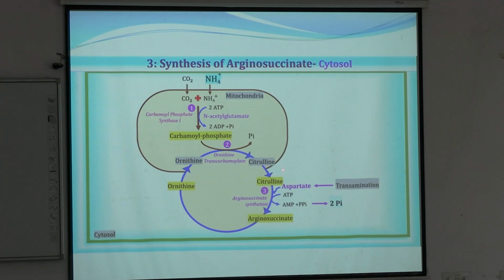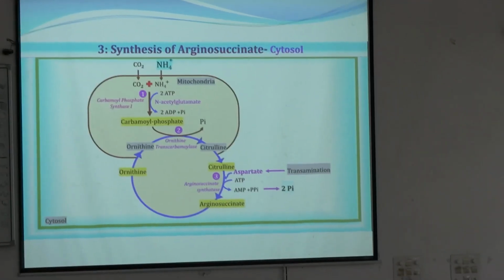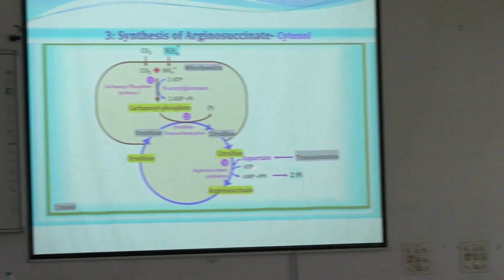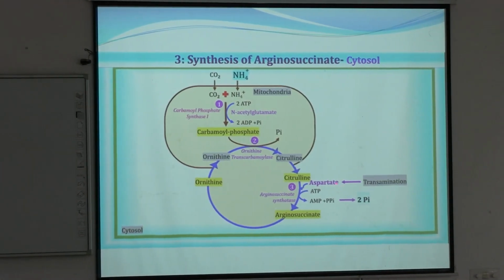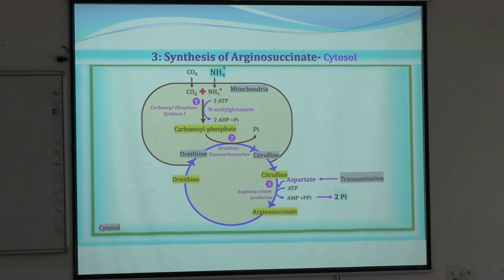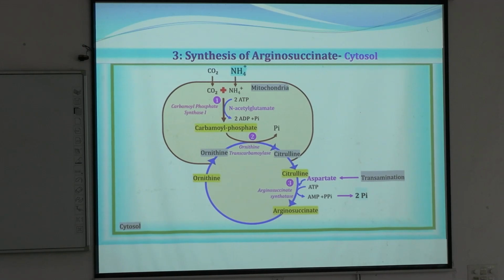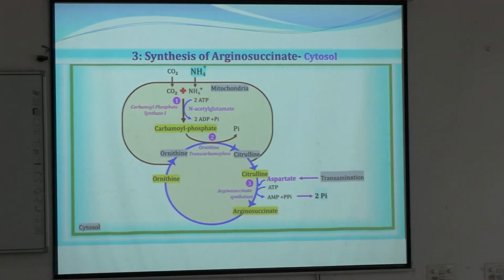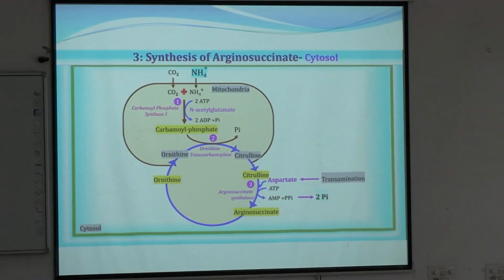So what happens in the cytosol? The citrulline that comes out will join with aspartate, which will give the second nitrogen of urea. Remember from the structure of urea, the second nitrogen was from aspartate. Aspartate is another amino acid, and where are we getting the aspartate from? Transamination reaction.